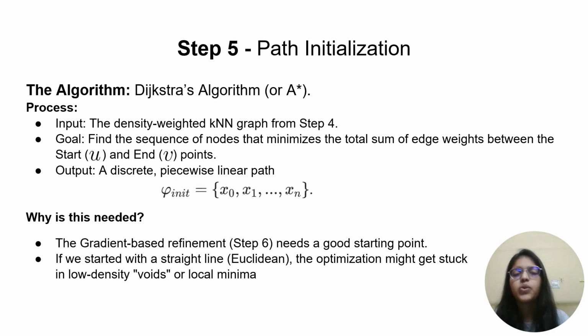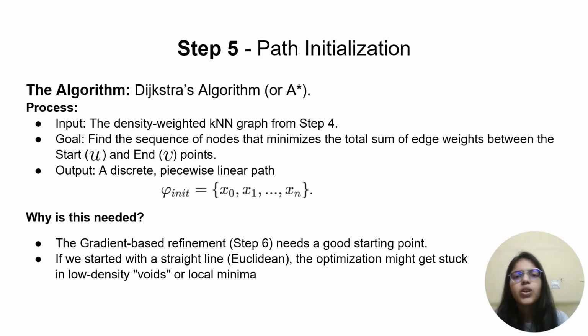The result of step 4 was a fully connected, high-quality, density-weighted graph. Now we move to step 5, that is path initialization. We now use a classic shortest path algorithm, specifically Dijkstra's algorithm or A star, on this graph.